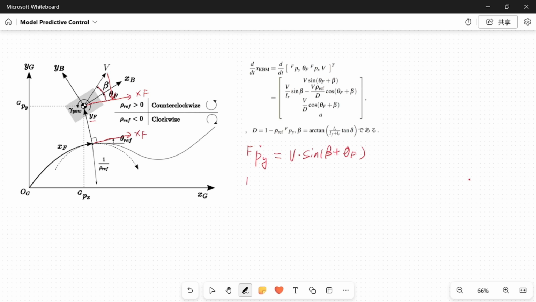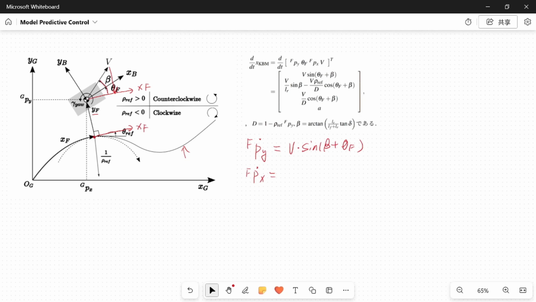And next, FPX dot equals the projection of V on the XF axis, which is Vx, and Vx equals V times cosine of (theta F plus beta). Note here, Vx is not FPX dot. There is a coefficient D between these two terms. Let's see how to derive D.